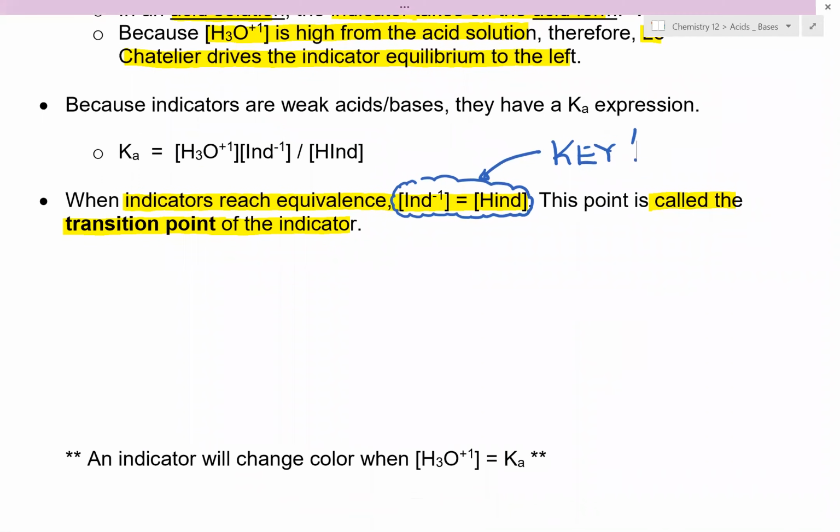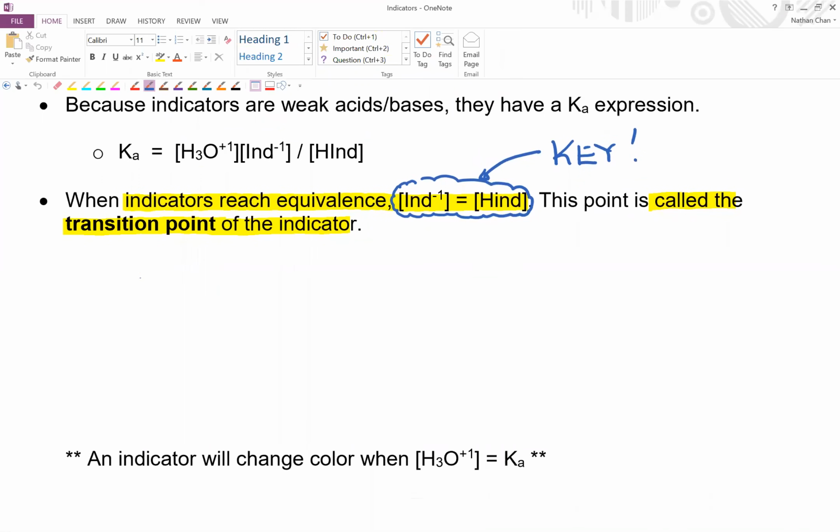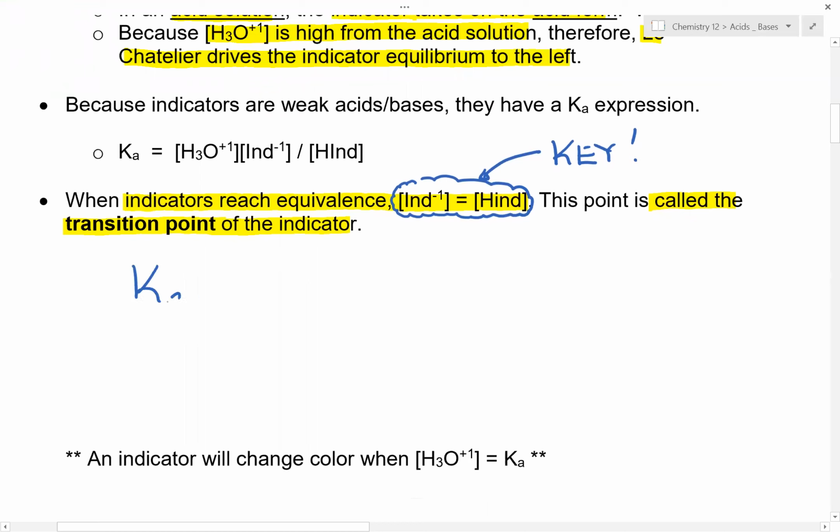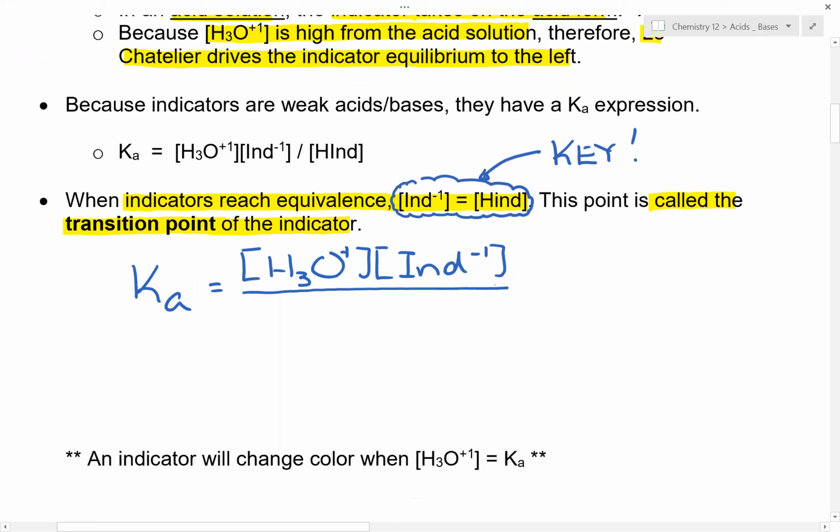Now, what's the significance of this? If we were to write the equilibrium expression for an indicator, Ka is equal to the concentration of H3O plus times the concentration of IND minus, all over the concentration of HIND.